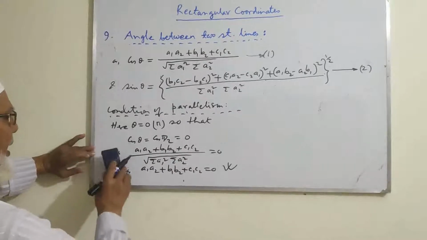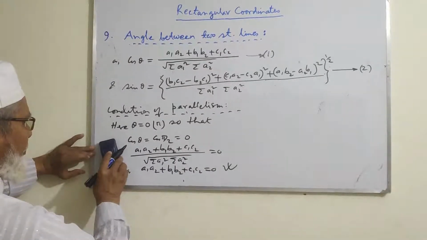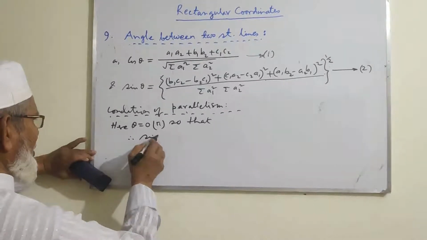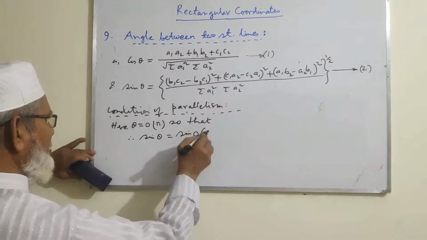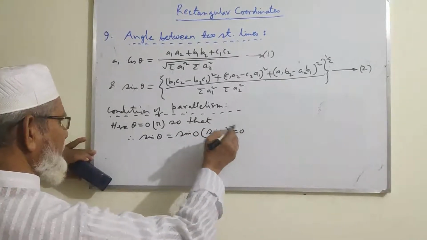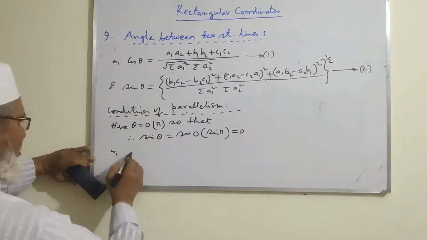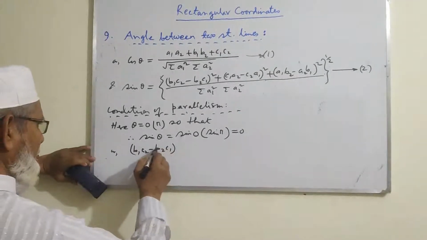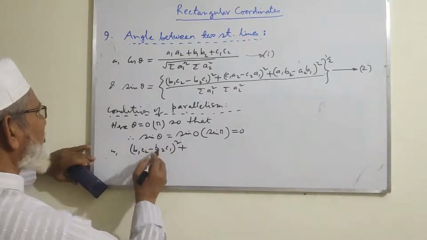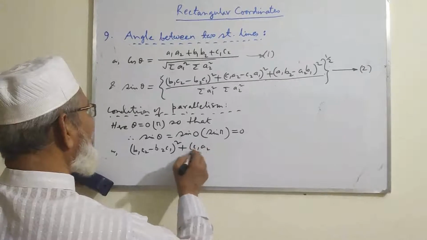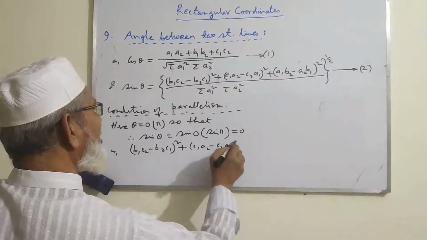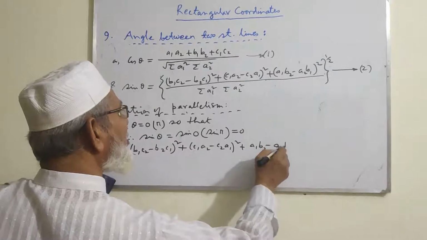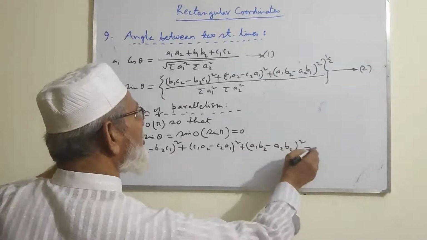So that sin theta is sin 0, or sin pi, which is 0, or b1 c2 minus b2 c1 whole square plus c1 a2 minus c2 a1 whole square plus a1 b2 minus a2 b1 whole square is 0. Denominator is non-zero.